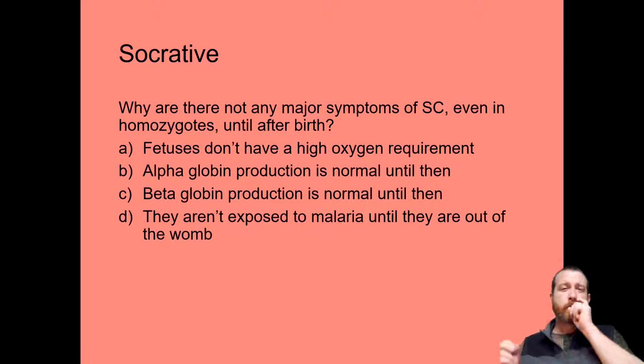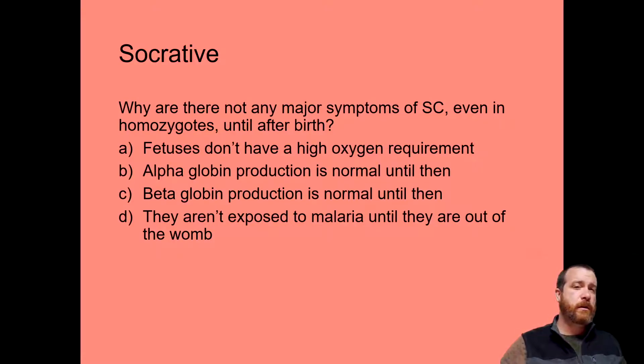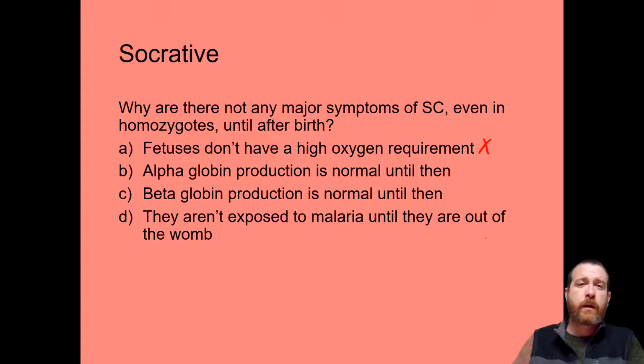A question: why are you not concerned about sickle cell anemia, even if somebody is a homozygote, until after birth? Well, it's not because fetuses don't have a high oxygen requirement. That's not true, right? They have a bunch of oxygen requirement. They're growing. And it's not to do with alpha, because alpha is fairly constant within life.